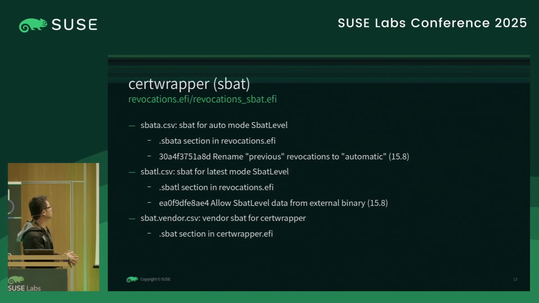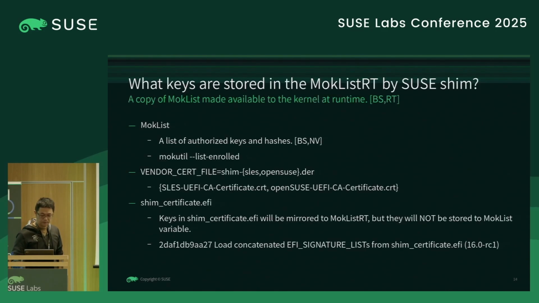Another feature of the certificate wrapper is that we can put a new SBAT in the EFI binary. Then Shim can verify and load it. It will be put in the .sbat section. And why have this slide? Because sometimes we get confused about what keys will be in the MOK.